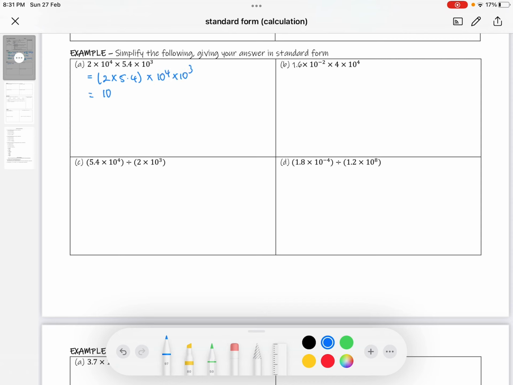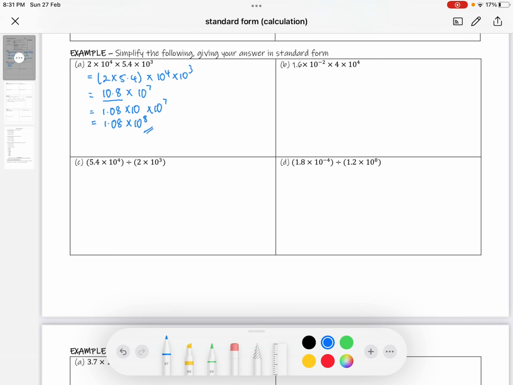That's 10.8, and altogether there are 7 tenths. Since the first part is not in proper standard form, I rewrite that into 1.08 times 10, times 0.7, which is what we got in the first place. Simplify that, and you get 10 to the power of 8.